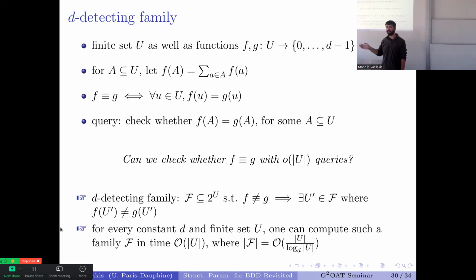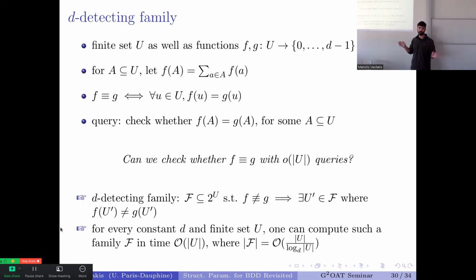And the main idea behind it is the following, and this is why we start from this 1-in-3 SAT problem. Our elements in the universe will be the clauses. And our detecting family will range from 0 up to 3, and we will actually count the number of literals that are true.